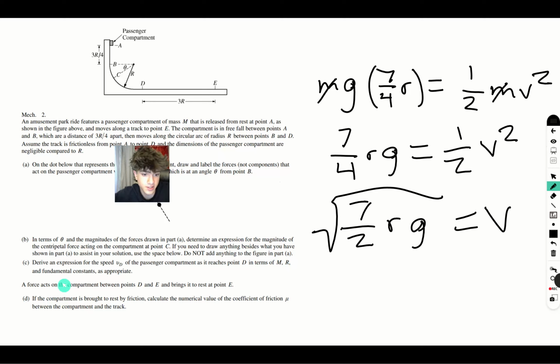A force acts on the compartment between points D and E and brings it to rest at point E. If the compartment is brought to rest by friction, calculate the numerical value of the coefficient of friction. So from here we're just going to use energy again.